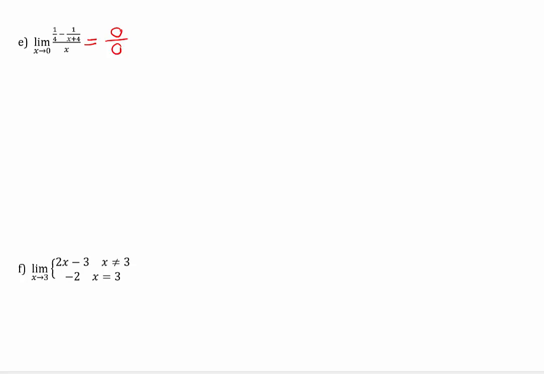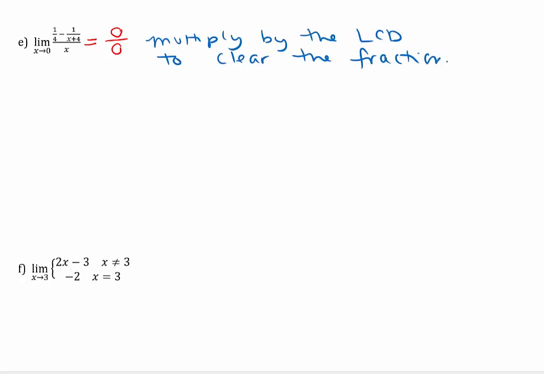When I see fractions within fractions like this, complex fractions, I'm going to multiply every single term by the LCD to clear the fractions. And in this case, my LCD needs a 4 and an x plus 4. So I'm going to take everything in the numerator and everything in the denominator and multiply that by the LCD.